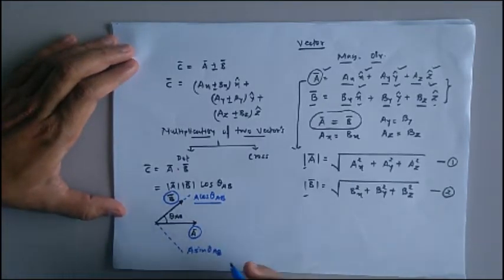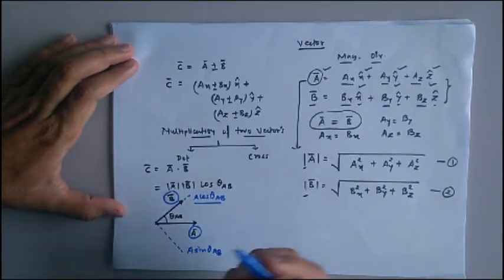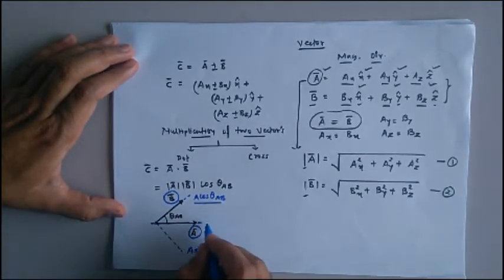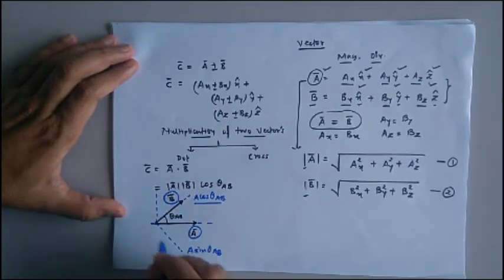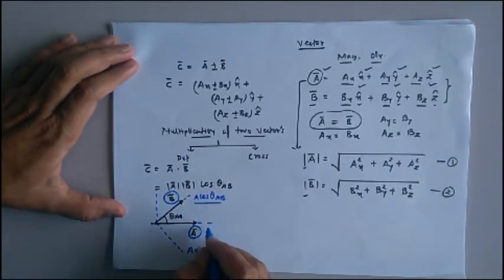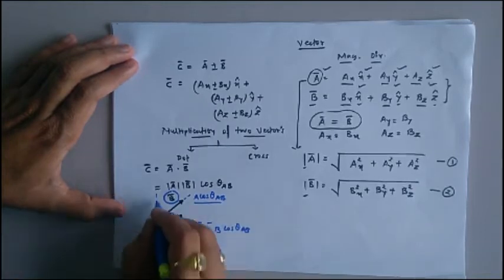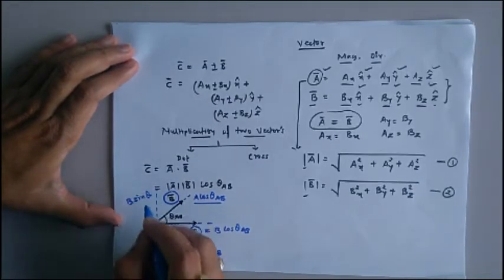In the same way we are in a position to split this vector b bar into two components. First one is along vector a bar and second one is perpendicular to vector a bar. So this component of vector b bar is given by b into cos of theta ab, and this component is given as b into sine of theta ab.